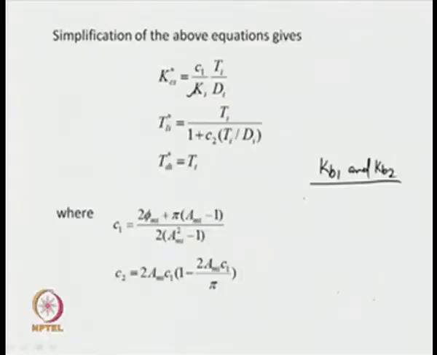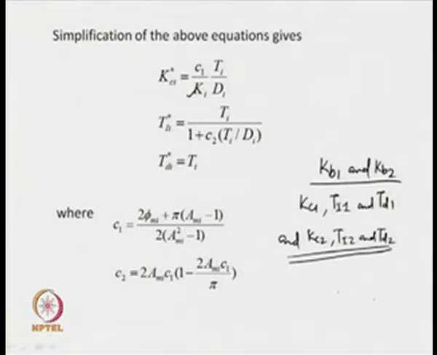Similarly, we have got the feed forward path PID controllers with parameters KC1, TI1 and TD1 for the first loop and Kc2, Ti2 and Td2 as the parameters of the PID controller for the second loop.